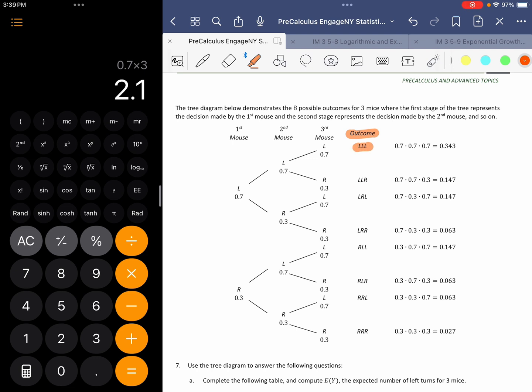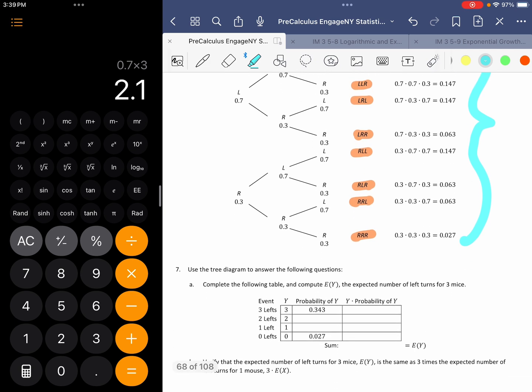LLL, LLR, LRL, LRR, RLL, RLR, RRL, RRR. Right? And we're seeing over here on the right that we're doing all these calculations. A 70% chance that we'll see a left turn and a 30% chance that we'll see a right turn.